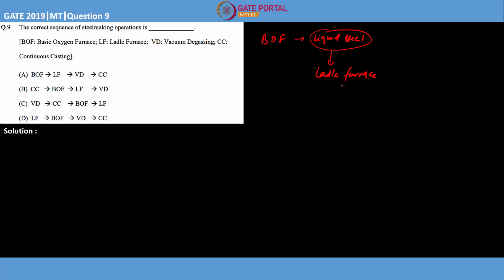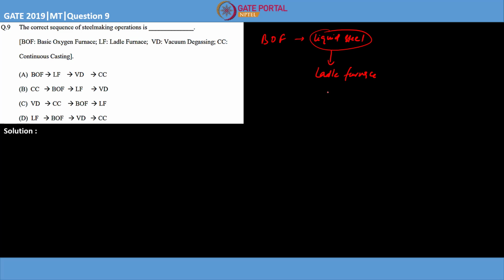Due to this reheating, homogenization of steel temperature as well as chemistry homogenization through inert gas rinsing is also possible. Other than this, refining like deep desulfurization or dephosphorization are also possible here at the ladle furnace.